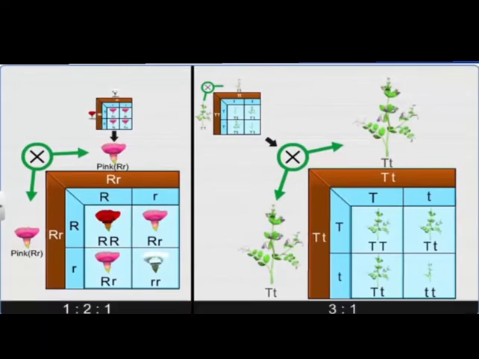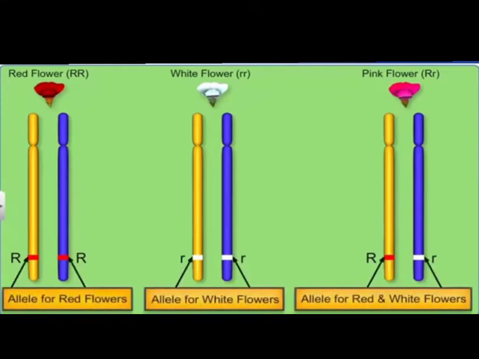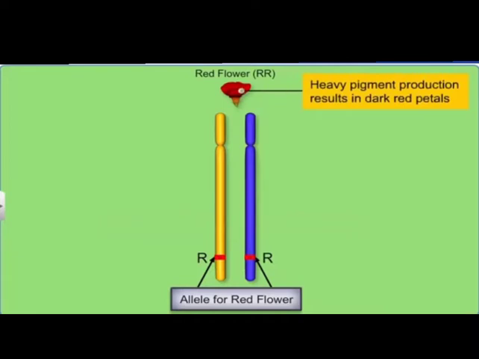in pea plant. The gene for flower color controls the amount of pigments in the petals, and each allele codes for a trait, that is, a specific amount of pigment production. When both the alleles for a pigment are present, the color of the petals is dark red due to heavy pigment production.